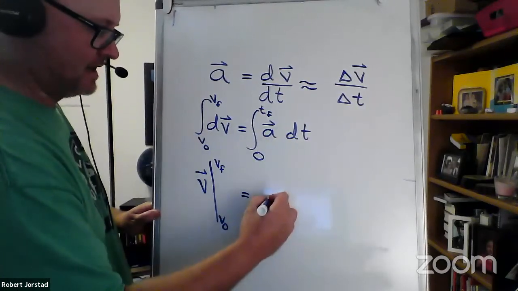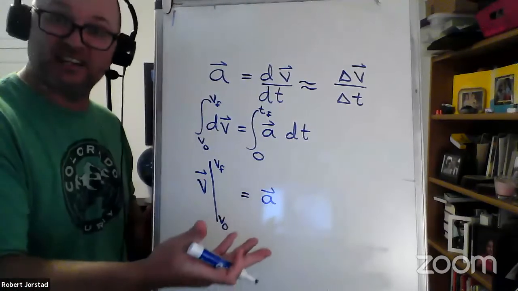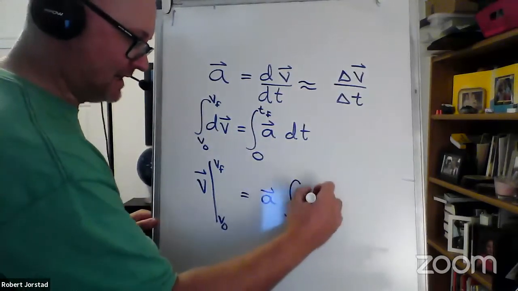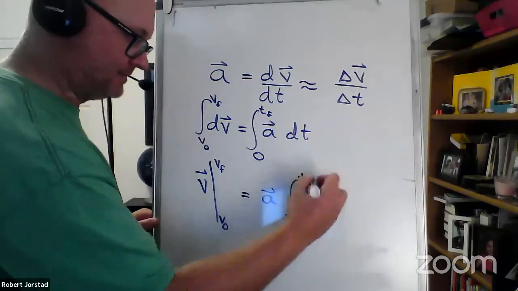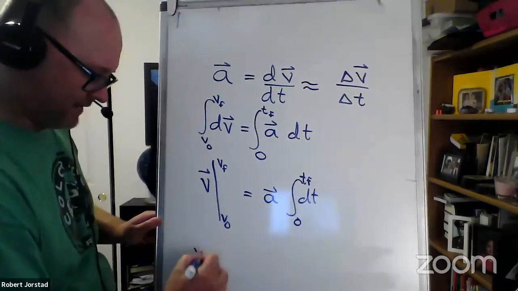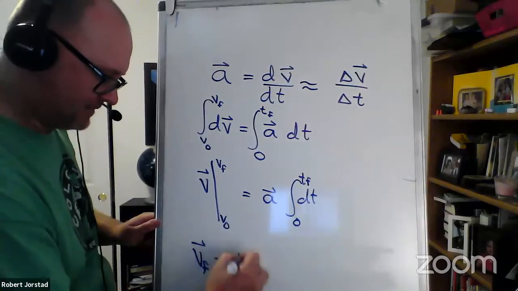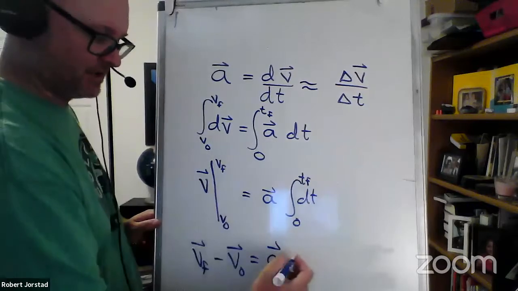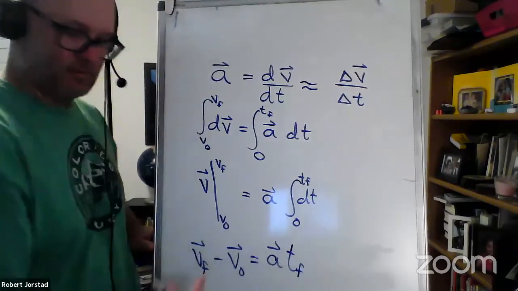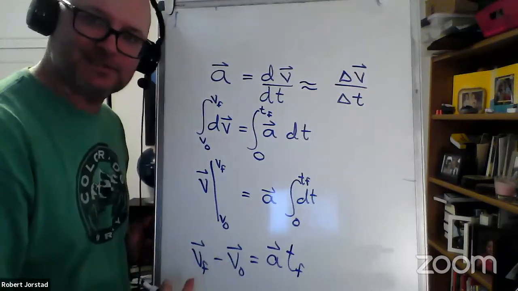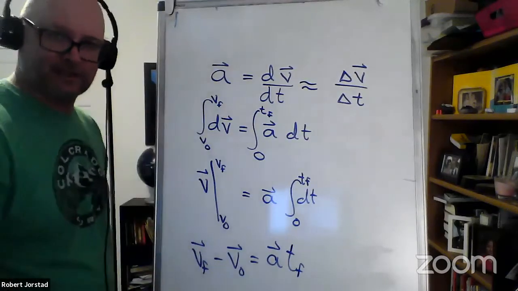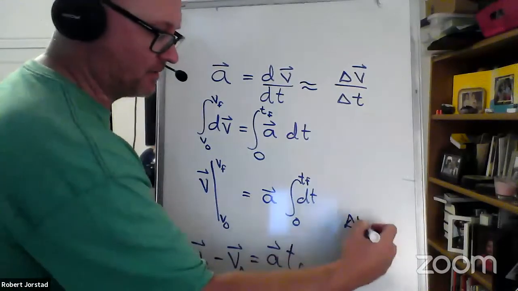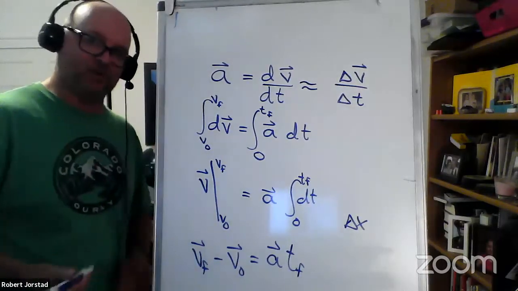And this would be a; if we had constant acceleration, the a would pop out. And then we get the integral of dt evaluated at 0 and t final. Well, that's just v final minus v0 equals acceleration times t final. Well, gee, isn't that just our kinematics equations of constant acceleration? Now you know where they come from. If you integrate it another time, guess what you get? The delta x equation. We'll do that in physics 161.